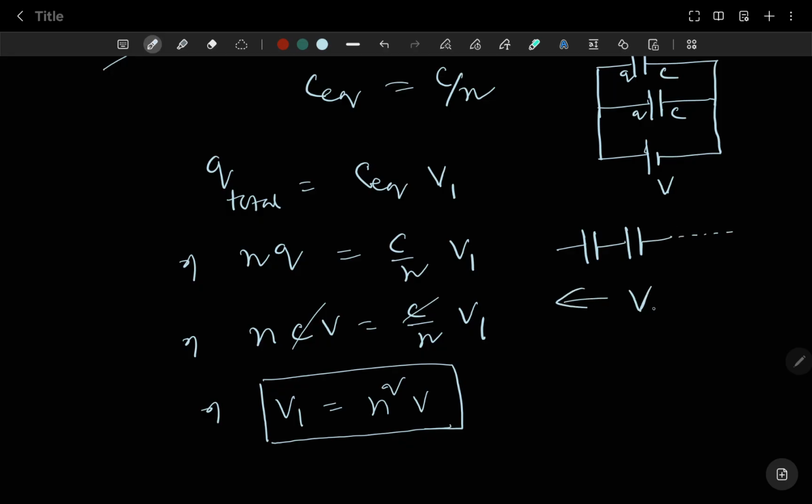They asked for the potential difference across the series combination. The condition is that when connected in series the total charge of the combination remains unaltered. So here the total charge NQ, here also the total charge will be the same, NQ. So the potential difference will be this.